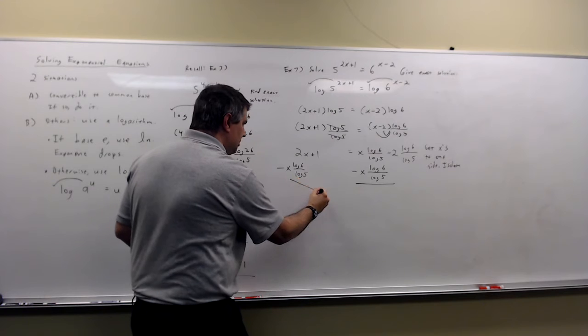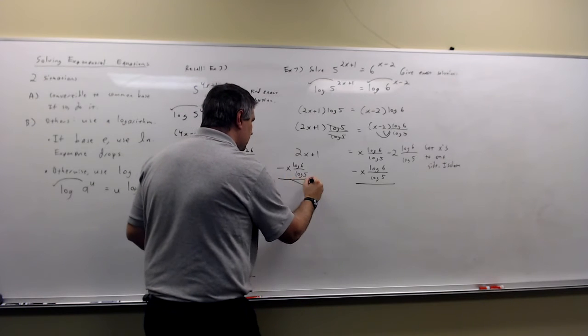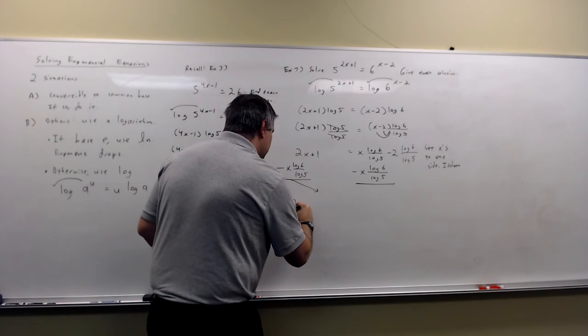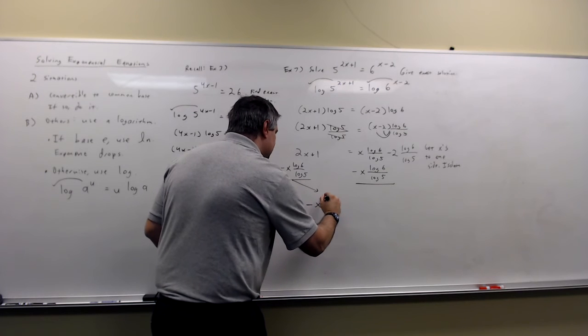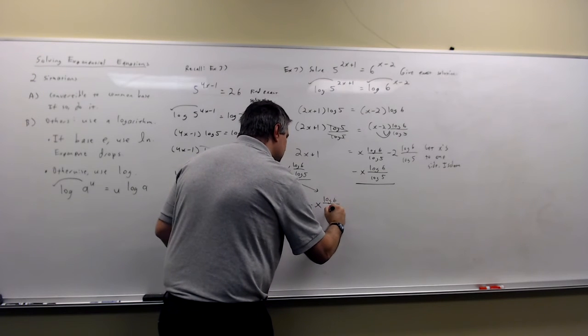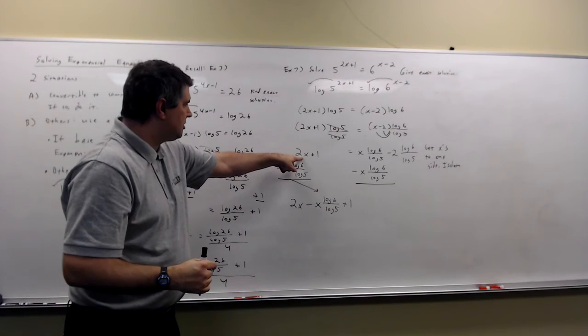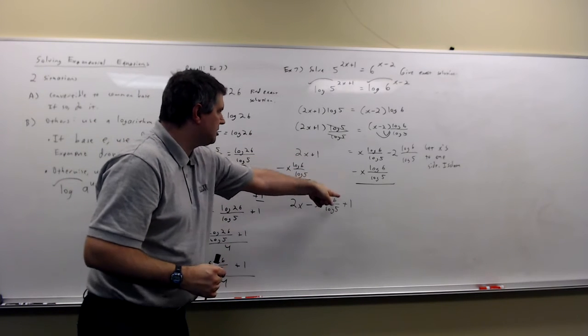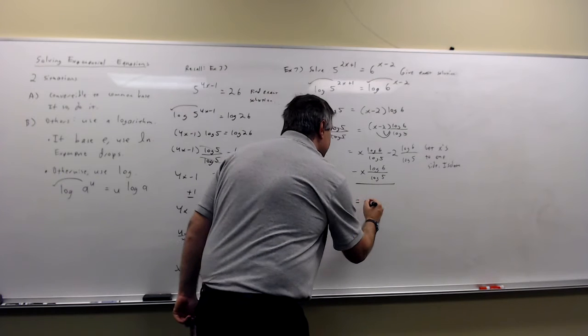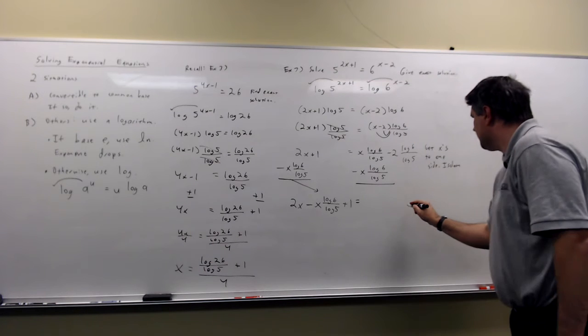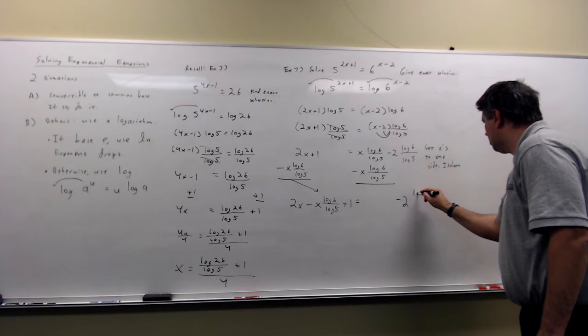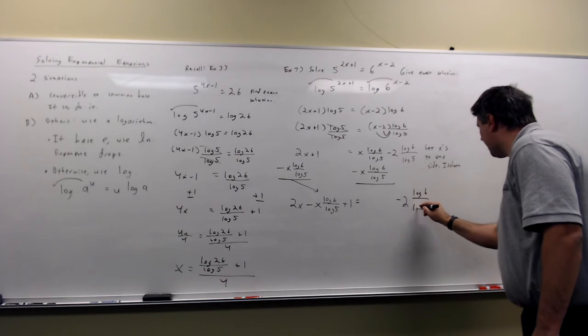All right, and I'm going to subtract it from the other x term. So I'll have 2x minus x log 6 over log 5 plus the 1. So this x term minus that x term plus the 1 equals negative 2 log 6 over log 5.